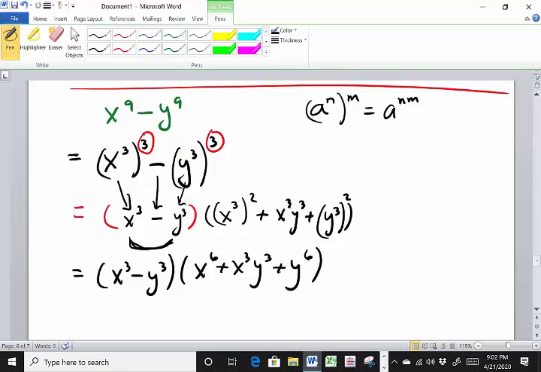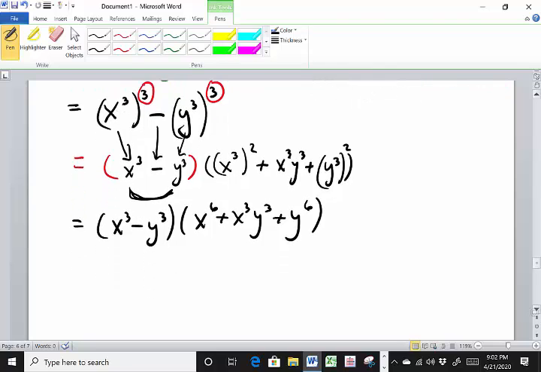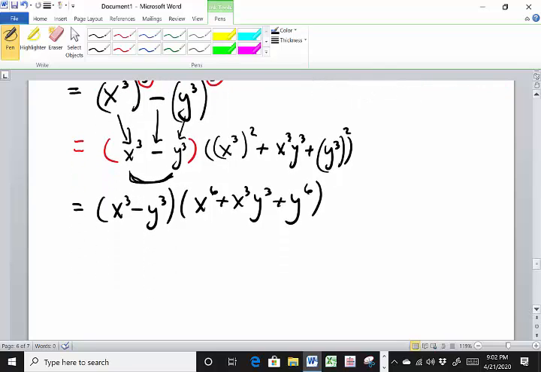Now if you inputted this into your computer, it would mark you wrong. You might say, why? It looks like it's right. Well, notice here you actually have the difference of two cubes again. So we need to factor that.